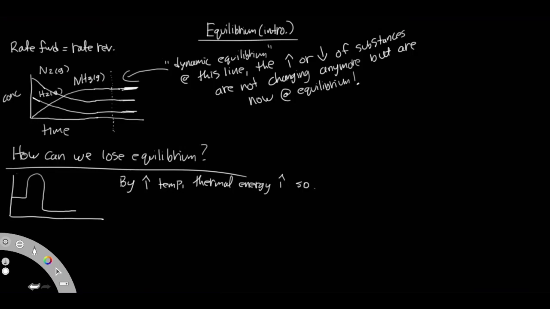So what's going to happen in the endothermic reaction? In the endothermic reaction, it is now going to take energy and it's going to therefore increase at a faster rate.